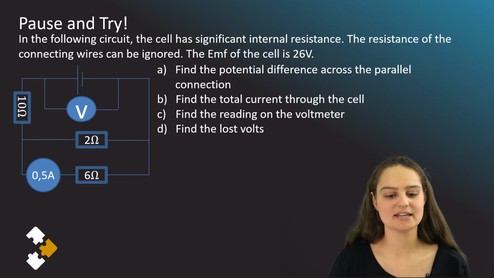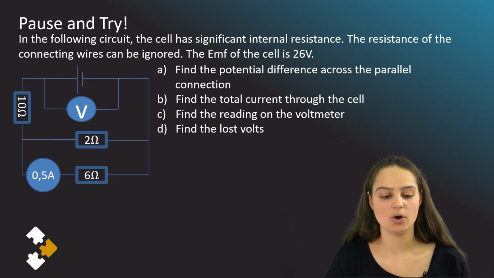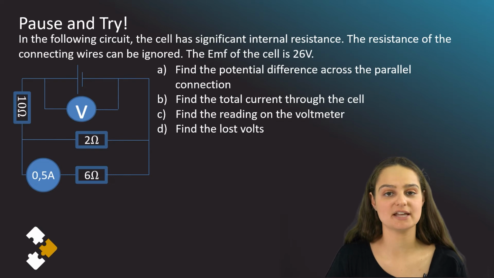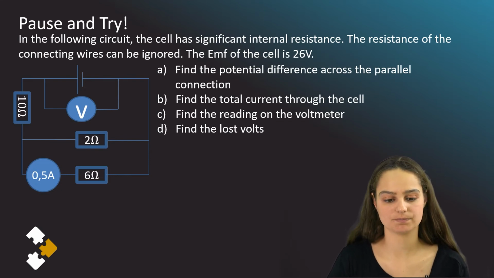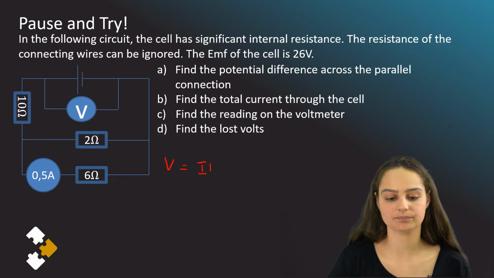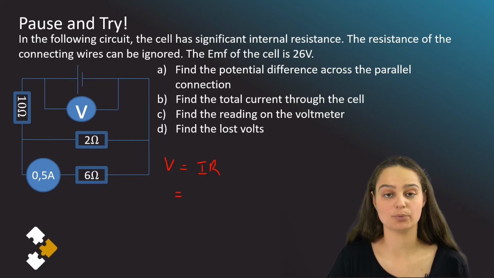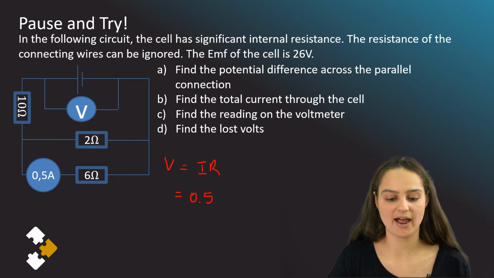So it says we've got to find the potential difference across the parallel connection. Well, let's start off by looking at the second branch because we can work out the potential difference across the second branch. So we know that V is equal to IR, and if we're dealing with the second branch, we know that the current through this is 0.5 amps and the resistance is 6 ohms.